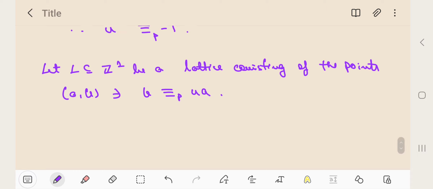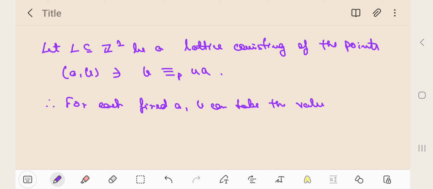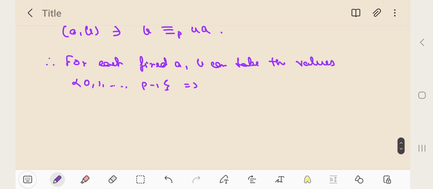Now you can follow that for each fixed a, b can take the values 0, 1 till p minus 1, which implies that the total number of cosets I would get out of this lattice L inside Z^2 must be p, right?